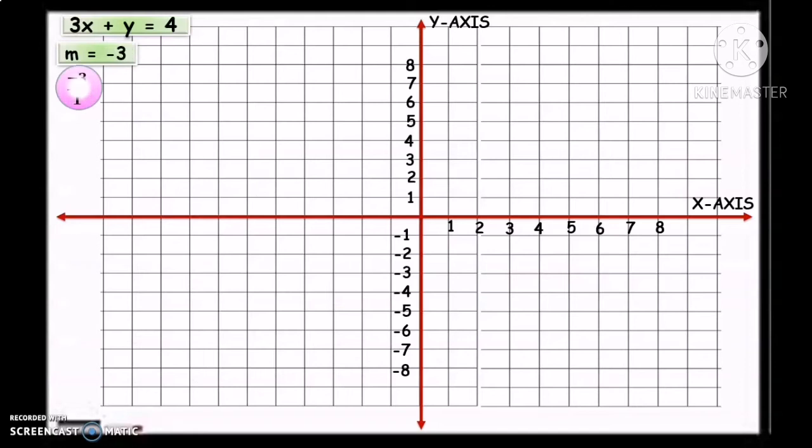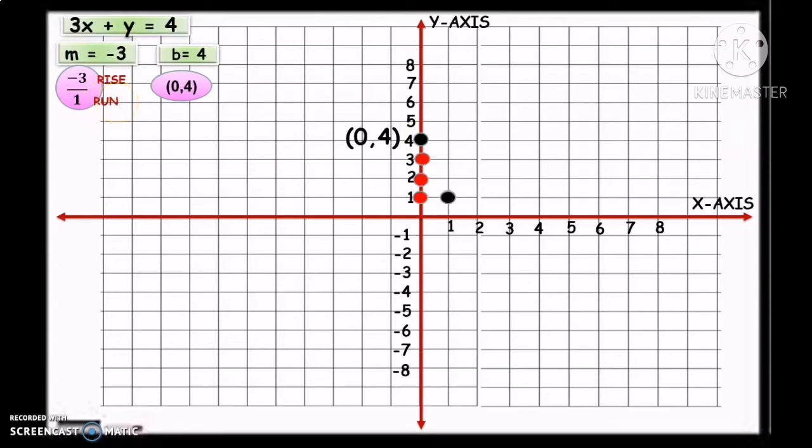So, gamitin po natin ang y-intercept. 0 and 4. So, ito po yung location niya. And then, since ang slope natin is negative 3, ibig sabihin, from this point, we're going to count 3 units downward. 1, 2, 3. And ang run natin is positive, so count 1 unit to the right.